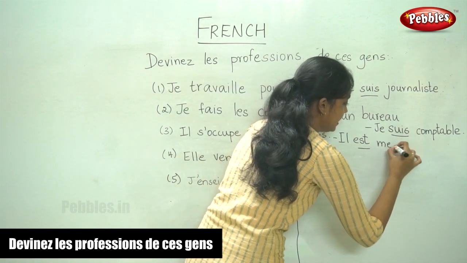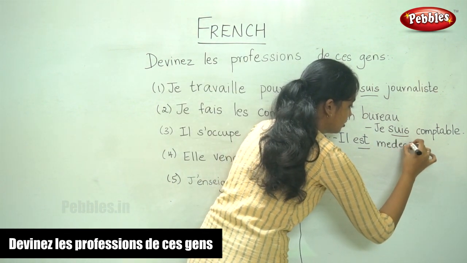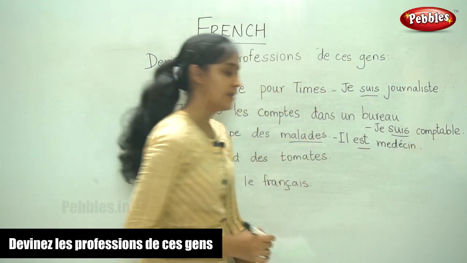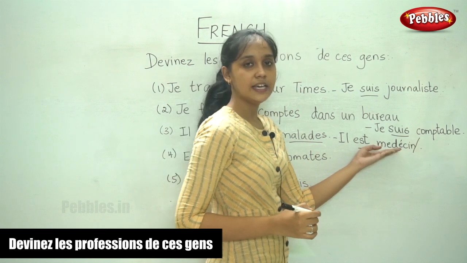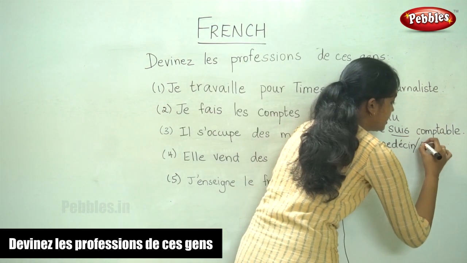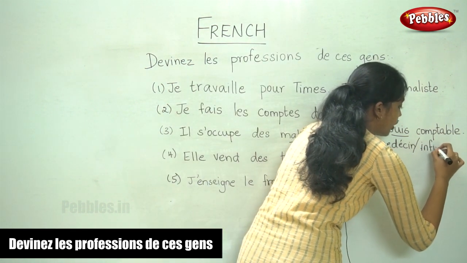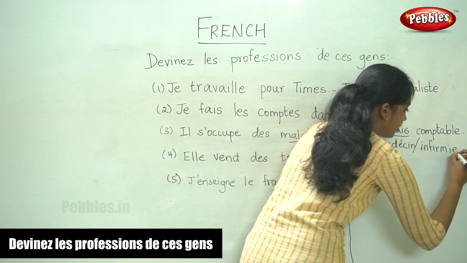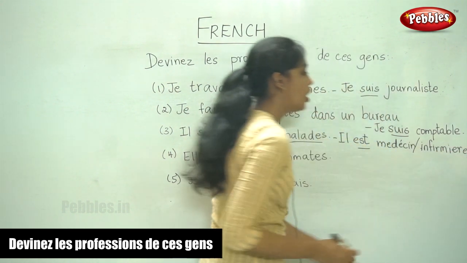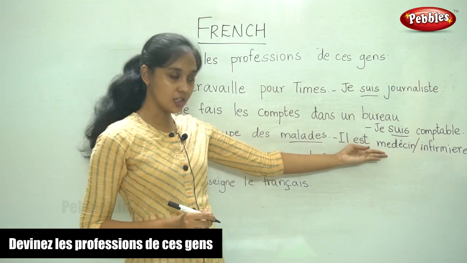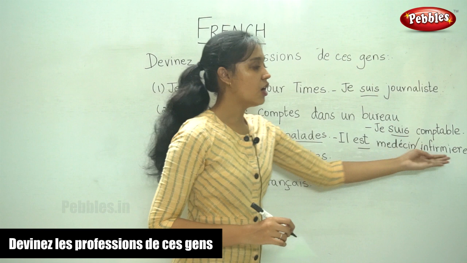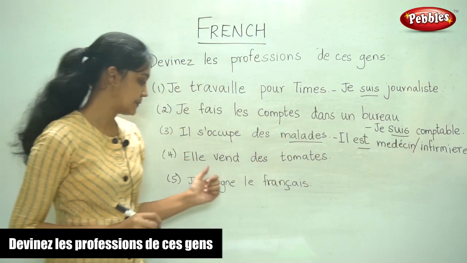For doctor we say médecin. Médecin, or he can be a nurse. For nurse, it is infirmier. Infirmier. Il est médecin. He is a doctor, or il est infirmier, a nurse.